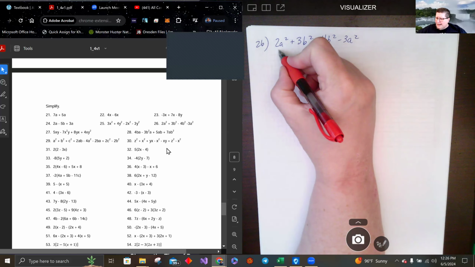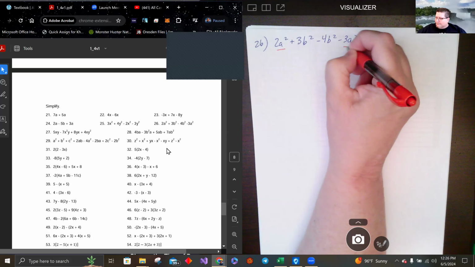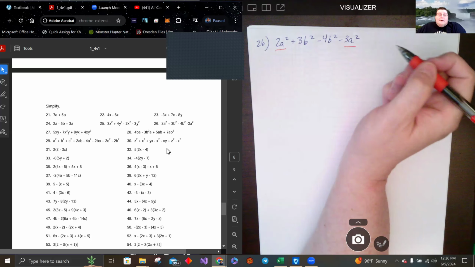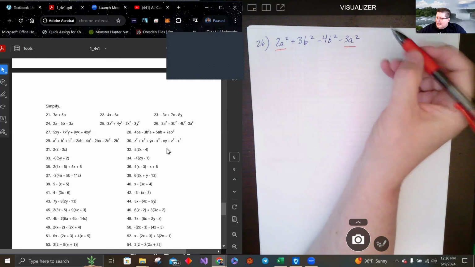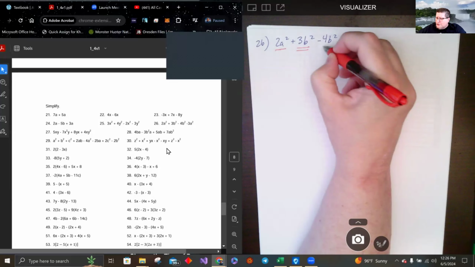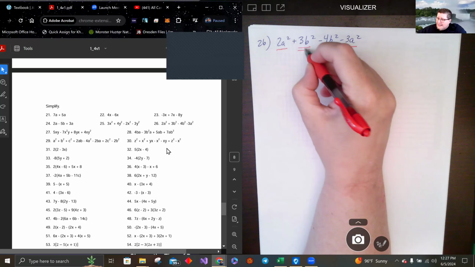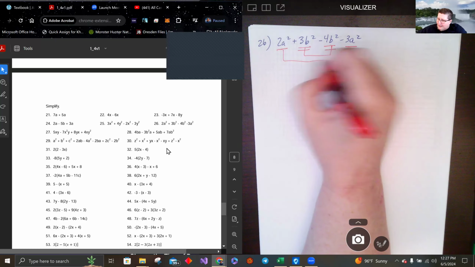I have an a squared here, and I look for more a squareds, and I see one at the end. And then the next thing I have is a b squared, and I see I have another b squared. I'm going to use 2 underlines here. By using a different amount of underlines, or maybe using like a lightning bolt and a loop-de-loop or something like that, I can see that these go together and these go together.